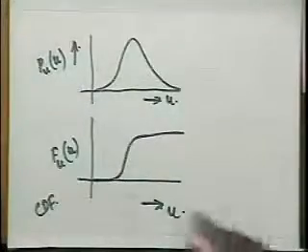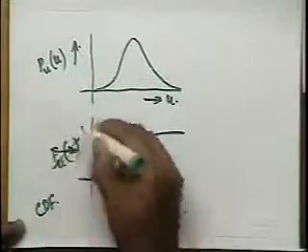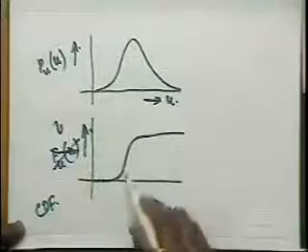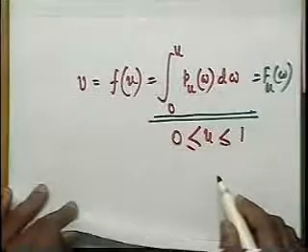So this is the cumulative function, or rather I can write it straight away as V. So if this is U and this is V, what does it result? It gives me a transfer function, V with respect to U. So the transfer function is of the nature of the cumulative distribution function.